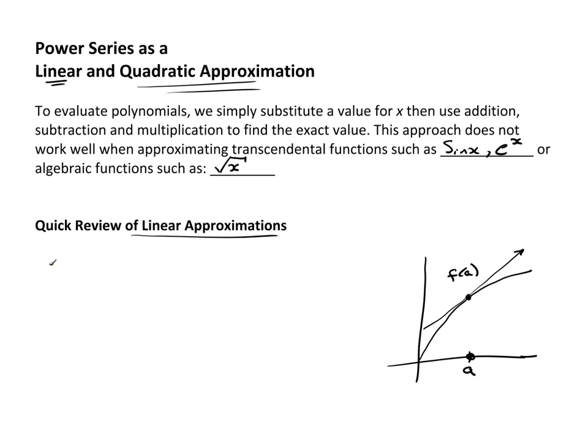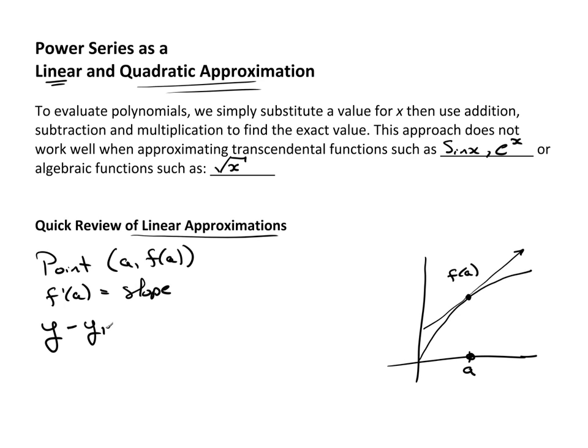So once I do that, I know I have a point, and that point is a, f of a. These are actually numbers now. I know what they really are. If I take f prime of a, that's going to give me the slope. So I can use y minus y1 equals the slope times x minus x1. Keep in mind that y1 and x1 is this known point.